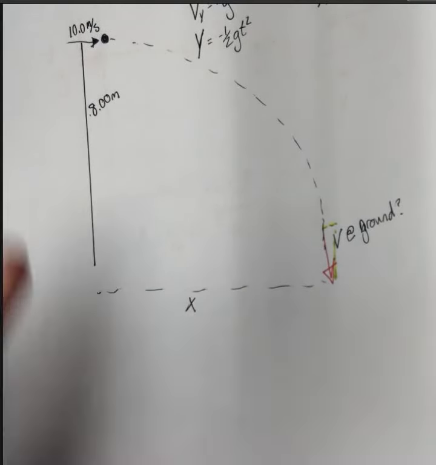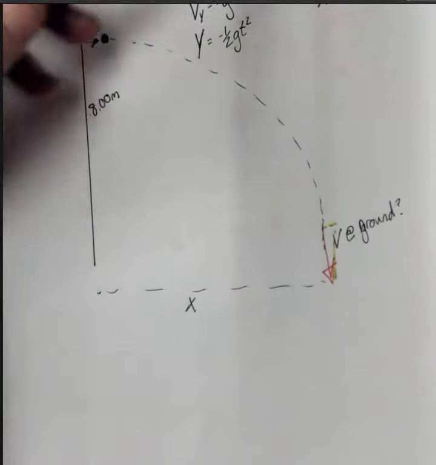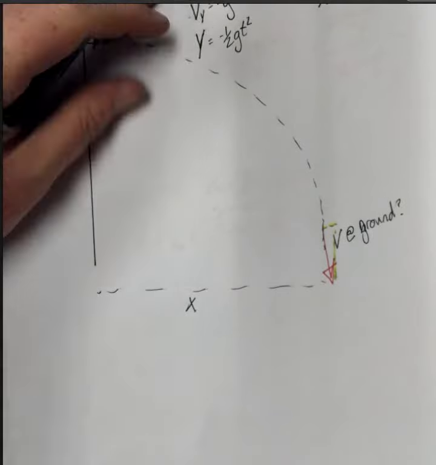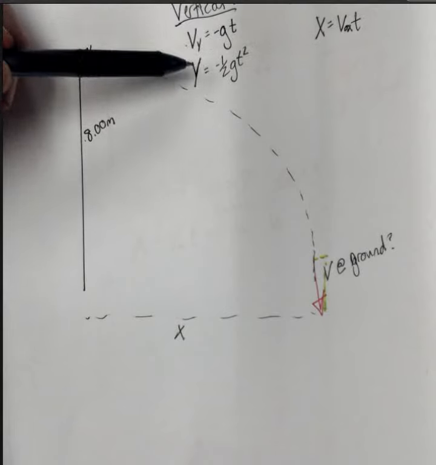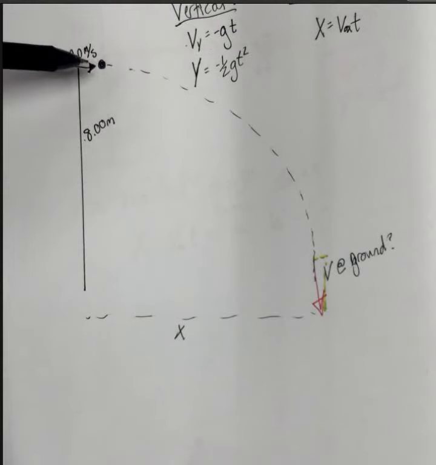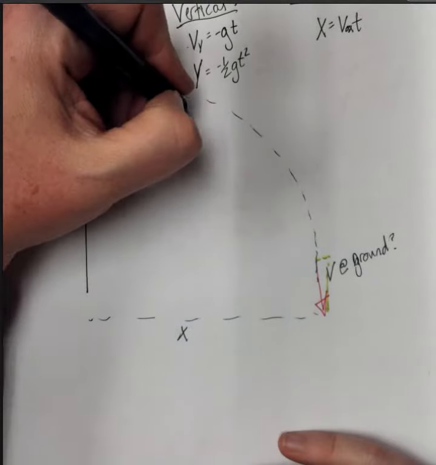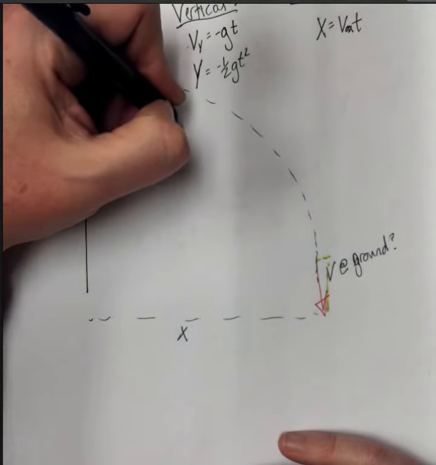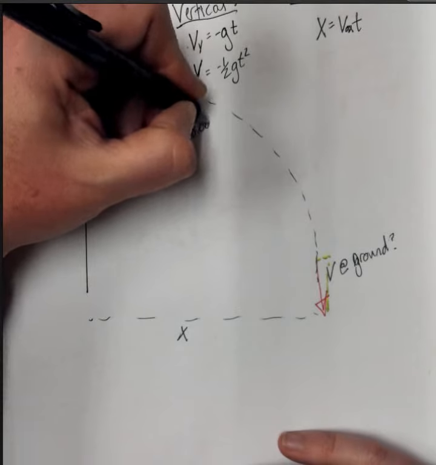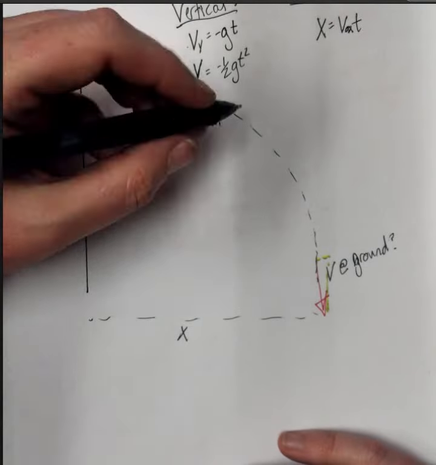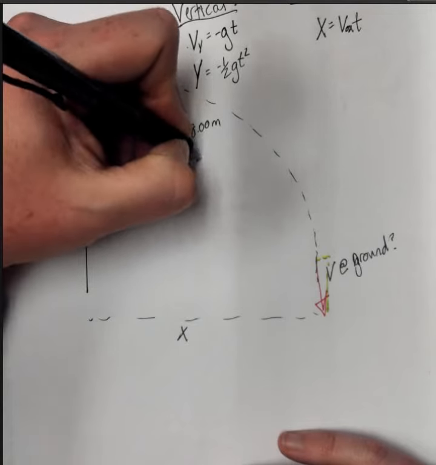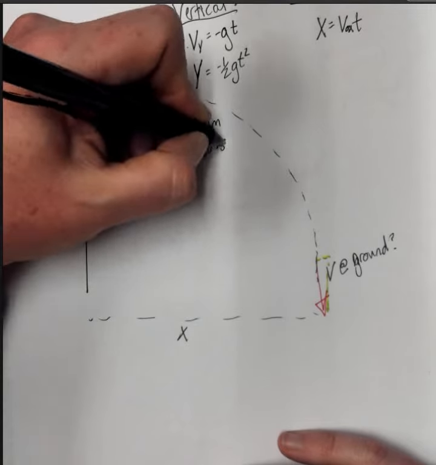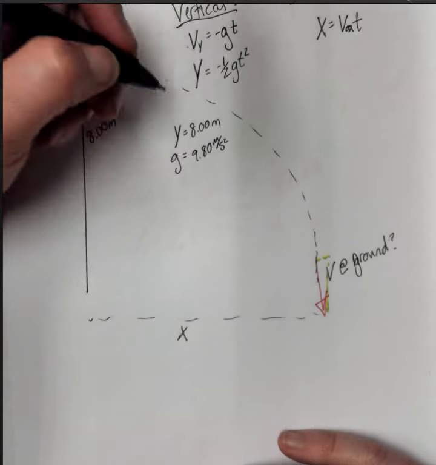So let's take a look at how to break this problem down. The first thing we need, in order to find the velocity in the y direction, is time. The only way to find time is through its relationship with the position. The ball was launched from 8 meters above the ground, so y is going to be 8 meters, and acceleration is going to be 9.80 meters per second squared. So we can use this to solve for time.